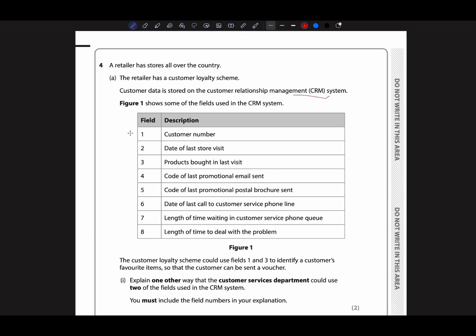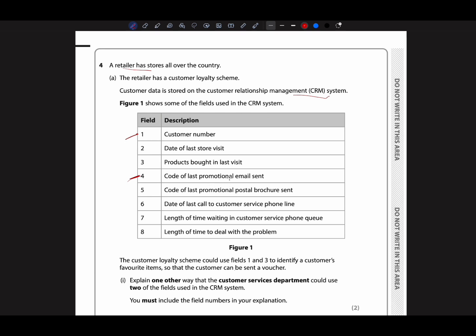Like number one, customer number is one of the fields where they are storing the number of the customer who calls them, or maybe they visit the store, because this is a retailer store, right? Date of last store visit, products bought in last visit, code of last promotional email sent. This one is used for marketing purposes.